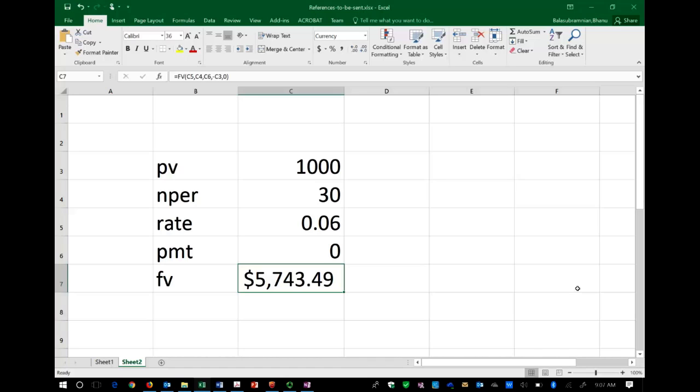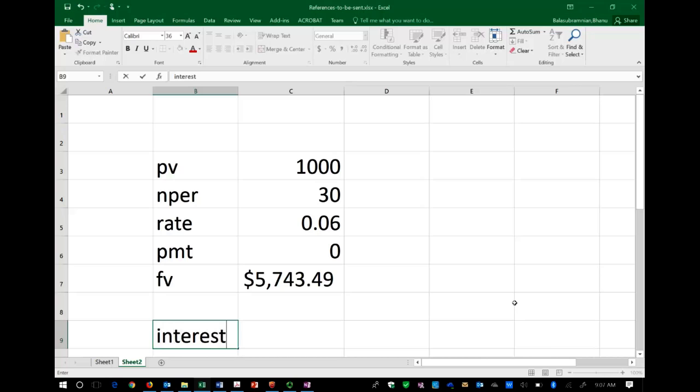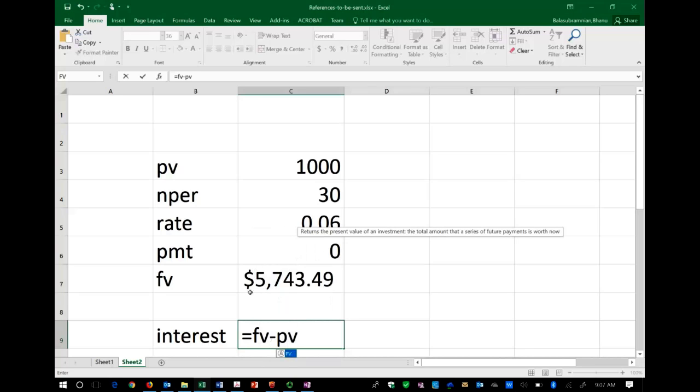And what is the interest that you are receiving on this? If I asked you the question, what is the interest that you are receiving, what would you do? So, interest is equal to future value minus present value.